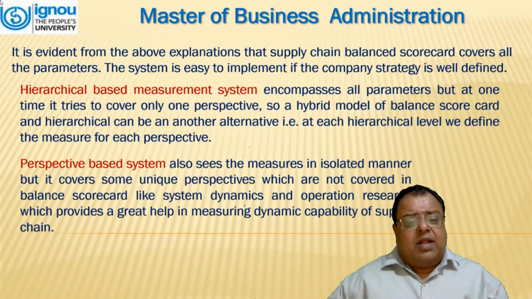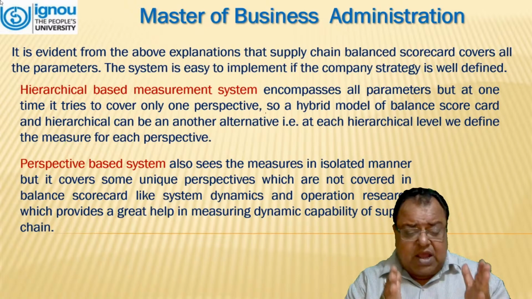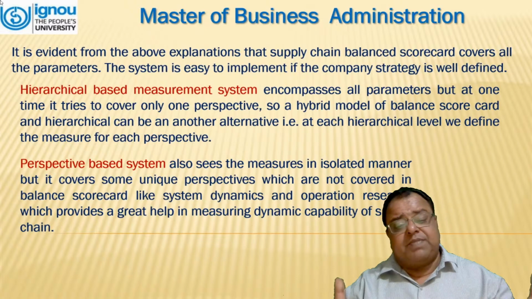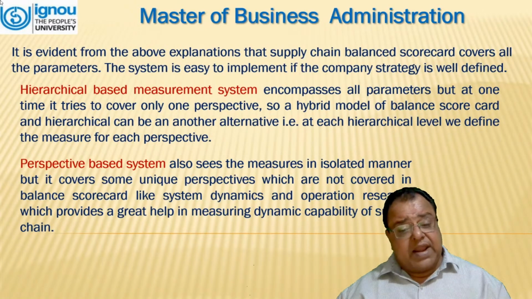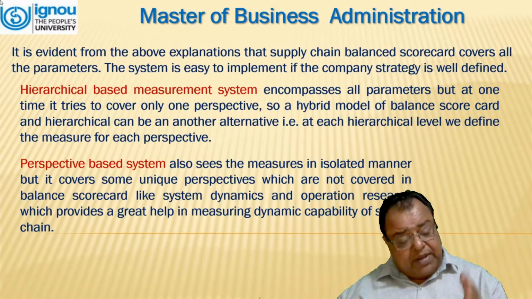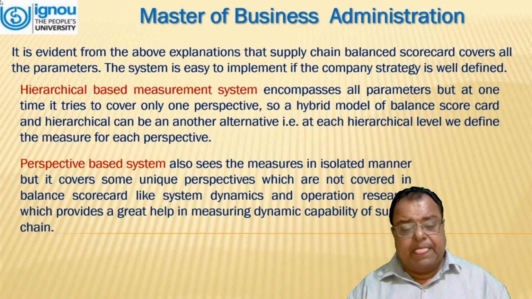Perspective-based system also sees the measures in an isolated manner, but it covers some unique perspectives which are not covered in the balanced scorecard, like system dynamics and operational research, which provide great help in measuring dynamic capability of the supply chain.